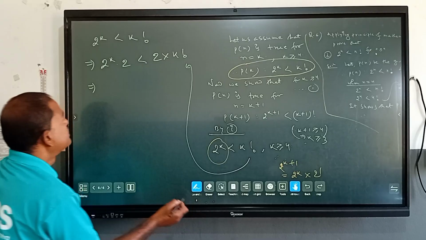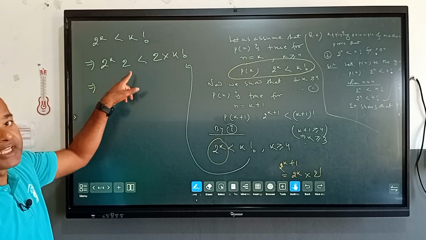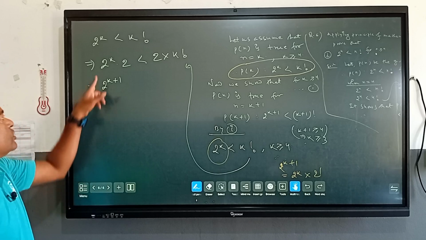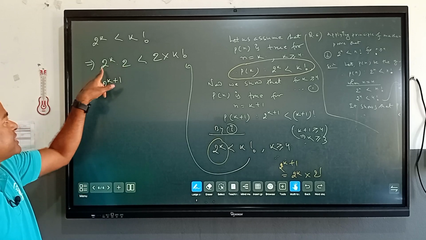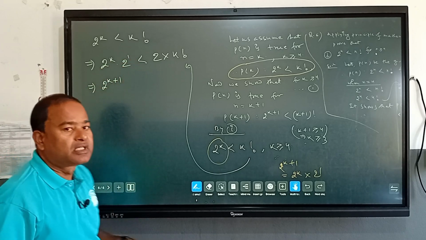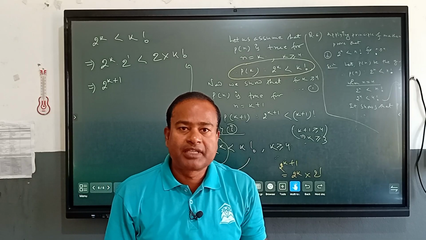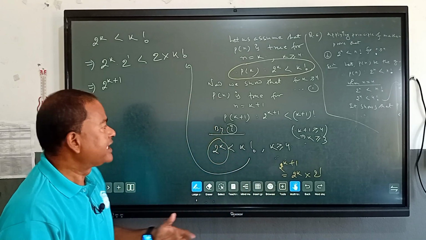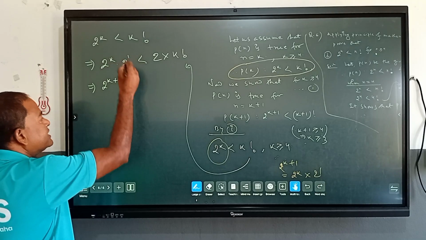So dear students, now if we multiply 2 power k and 2, then we get 2 power k plus 1, because the bases are the same. According to the multiplication laws of indices, if bases are the same, then we have to add the powers, or we have to add its indices.